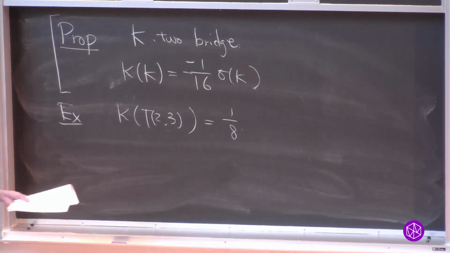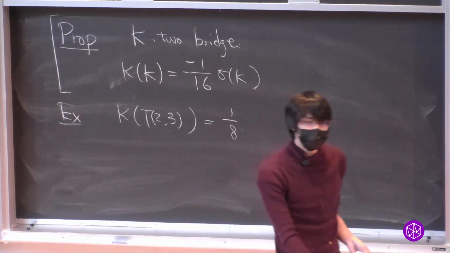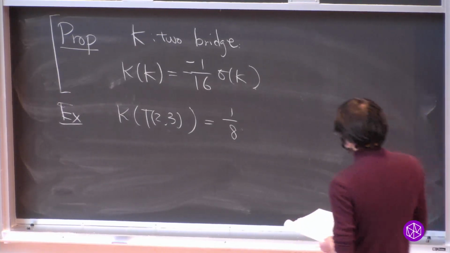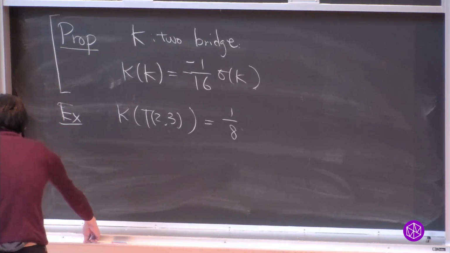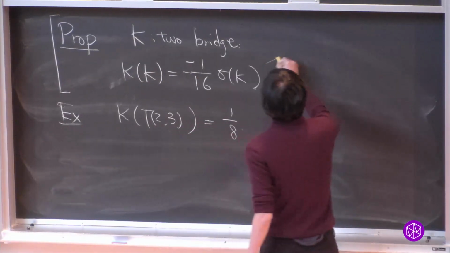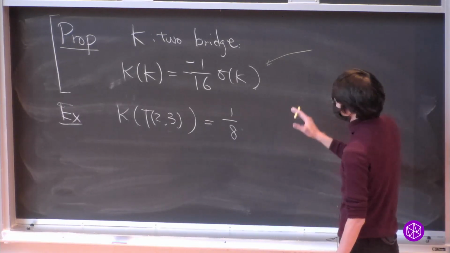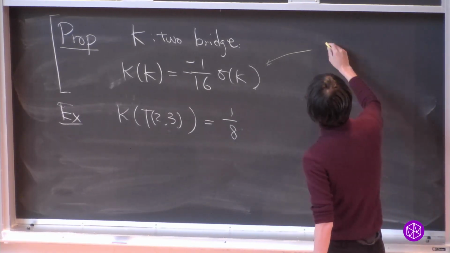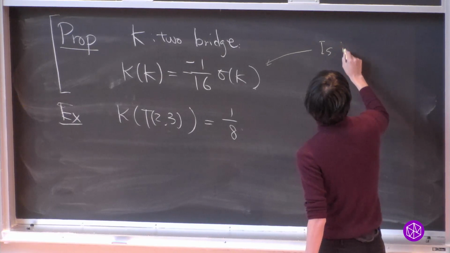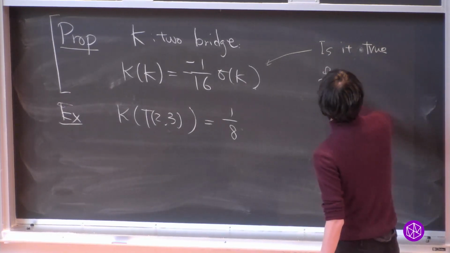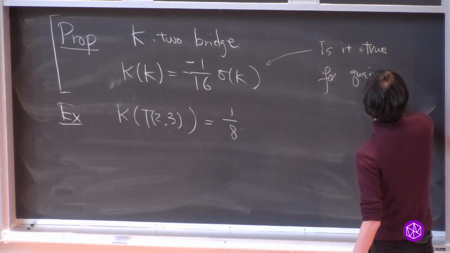Does this proposition hold for quasi-alternating knots, or some analog of that for knots whose branched double covers are L-spaces? So this is open. This is kind of a naive conjecture. So is it true for quasi-alternating?